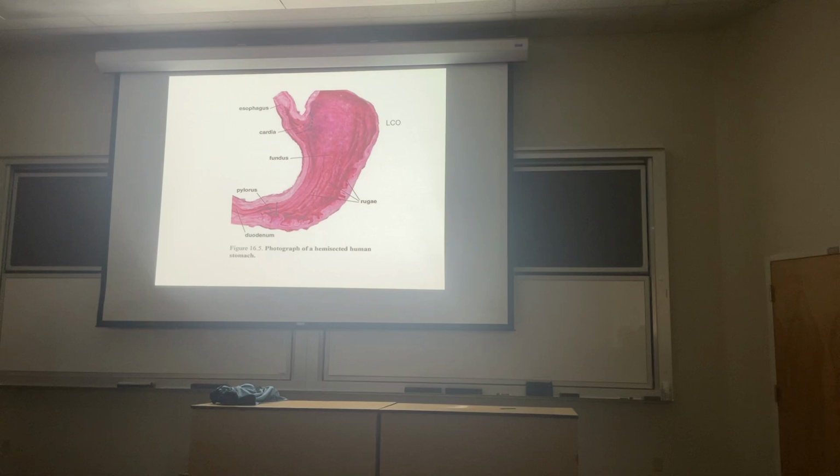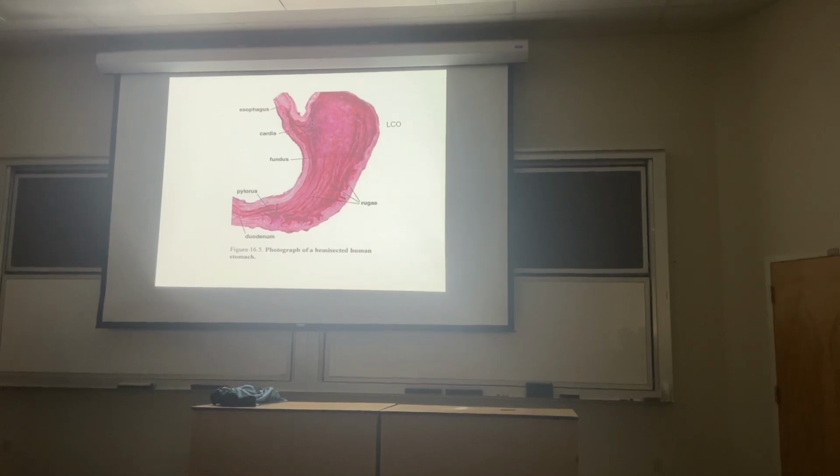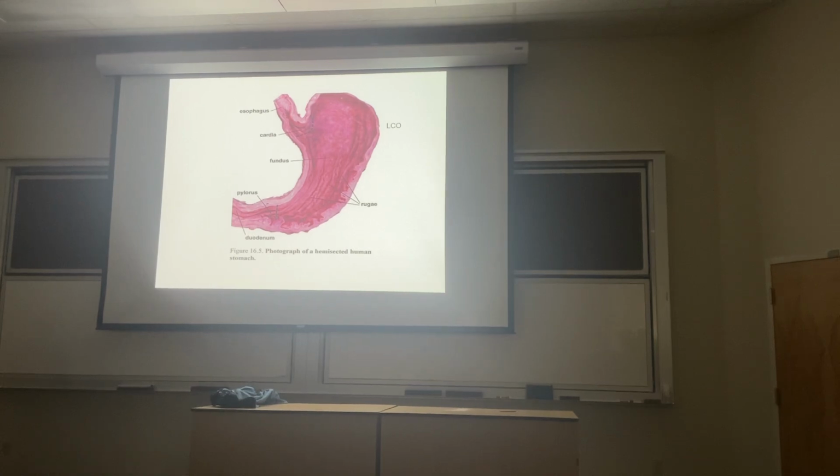It can be called the esophageal gastric sphincter. In any case, this sphincter opens when we swallow and allows food and liquid to come into the stomach. And then it closes so that the stomach contents don't reflux back into the esophagus.